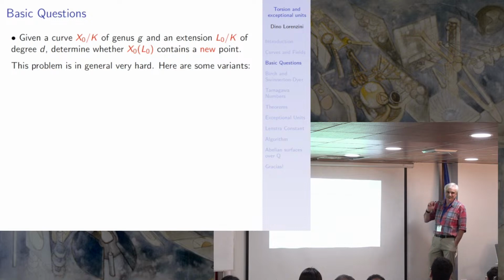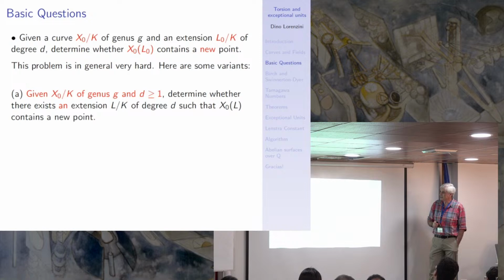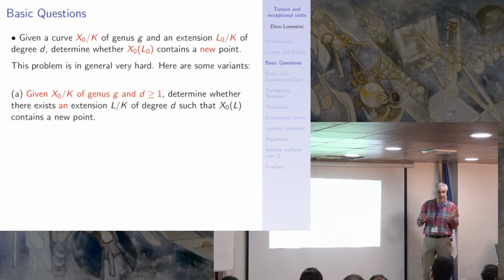So let me suggest two variants that might be more accessible. In the first variant, you only fix the curve. I fix a curve of genus G, and I only fix the degree of the number field, D, and I ask, is there a point of degree D on that curve? This is supposed to be easier than the previous problem, since you give yourself the flexibility to not set the field.